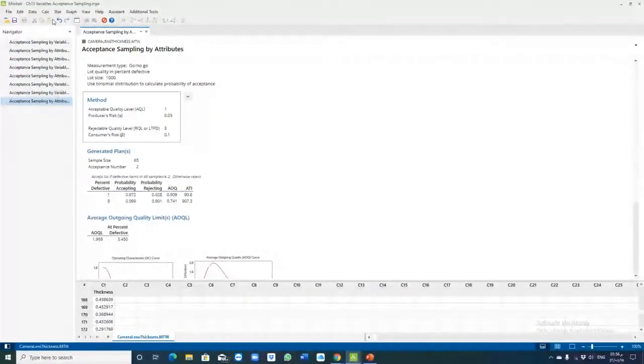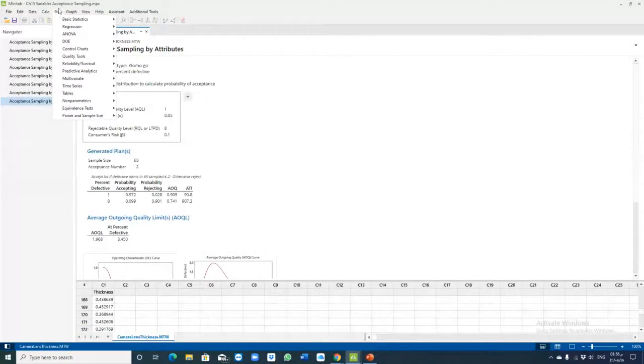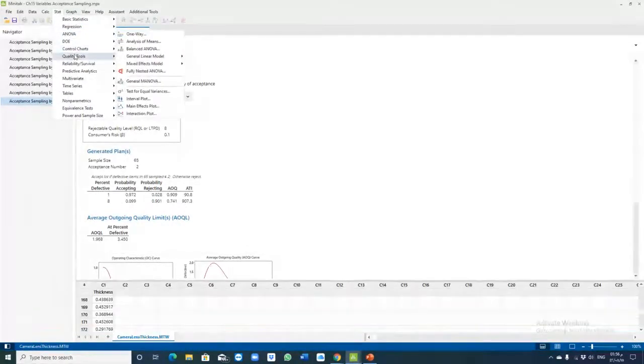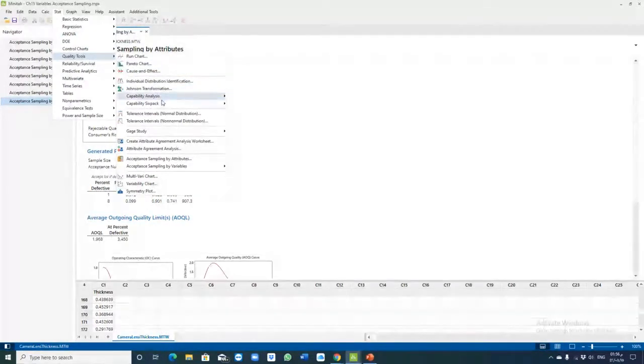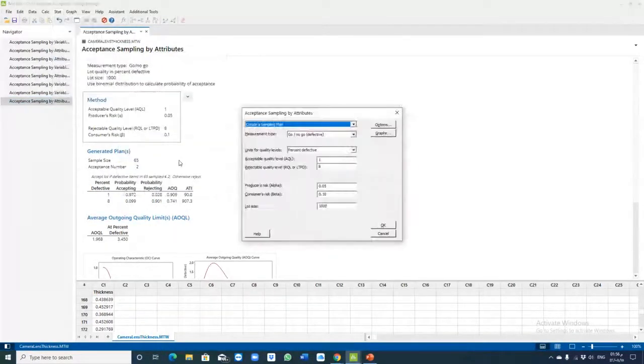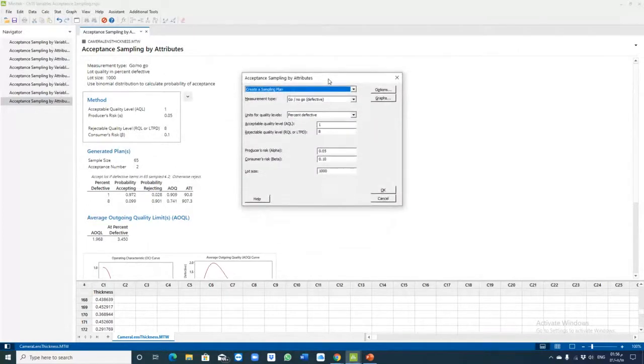Okay, so we go to the same thing: Stat, then Quality Tools, and then Acceptance Sampling by Attributes. When it opens, first we have to find the sampling plan as requested in the question.